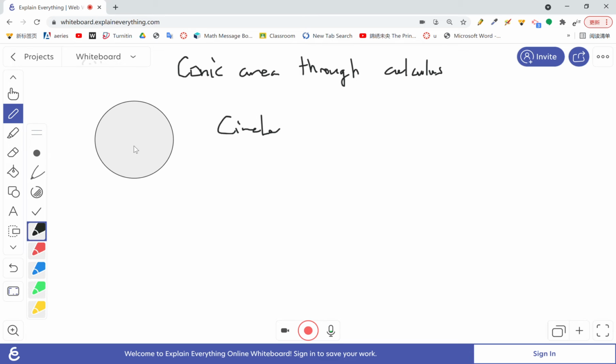Let's say this is the origin, and this is equal to r. A is the center of the circle. So we're on the coordinate plane, then the equation of a circle is always going to be x squared plus y squared is equal to a squared, where a is the radius in this case.